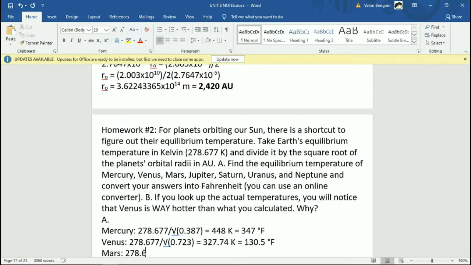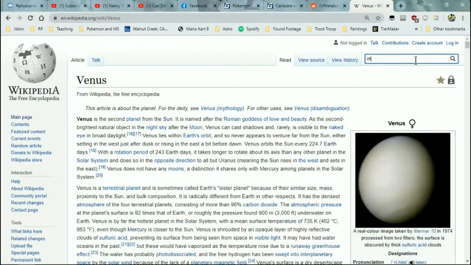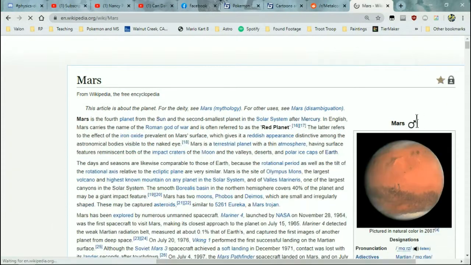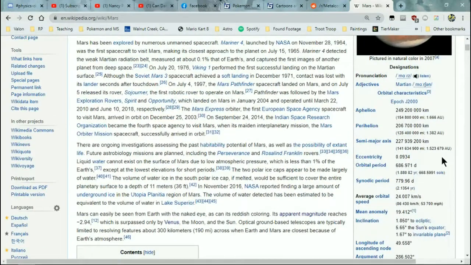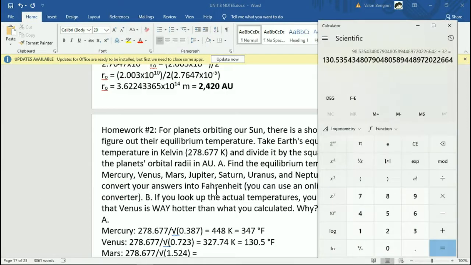Mars. Now that we have AU that are greater than 1, things that are further out than the Earth, we're going to get smaller numbers. So let's see, oh, there's the AU, okay. 1.524. Okay, so 1.524.